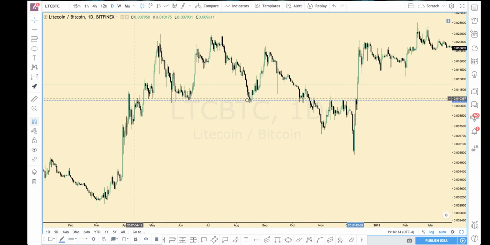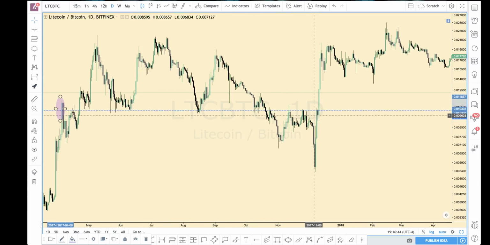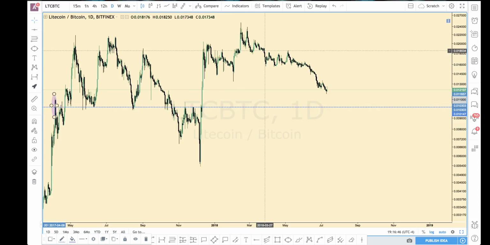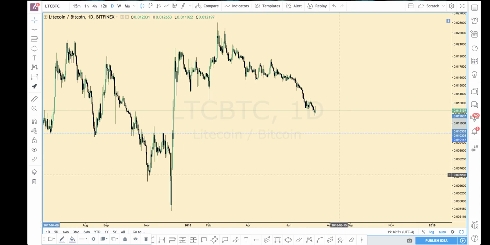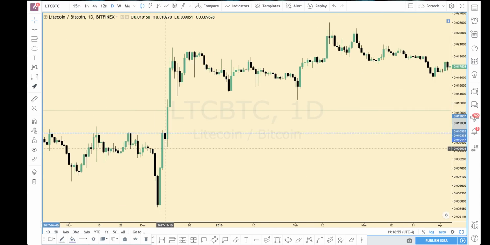Here is resistance. This was some bullshit. I don't know what that was. Resistance, boom, support, boom, resistance, pump. And so if you're looking to go long, what you're going to look for is this daily candle that happened on December 10th last year.